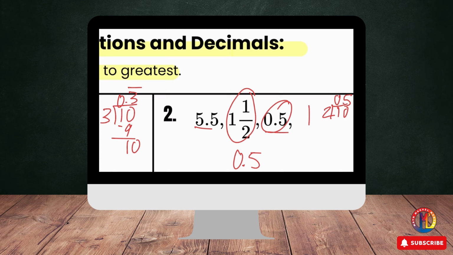And so here we see we have a repeat, 0.5, 0.5, and then 5.5 would be the order. We can also write it with, oh, I forgot the 1. That's why it's the same thing. It would be 1 and 5/10, or 1.5. So when we put them in order from least to greatest, 0.5, 1.5, and then 5.5 would be my greatest value. So there's my answer.